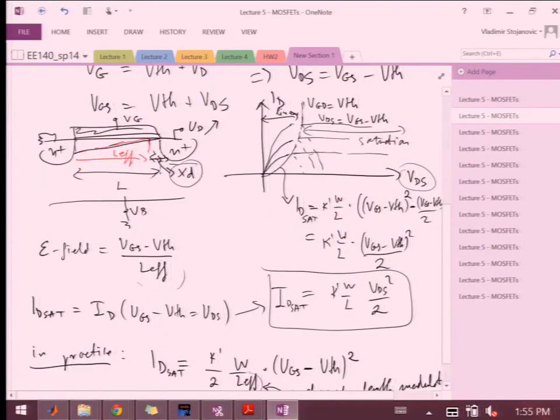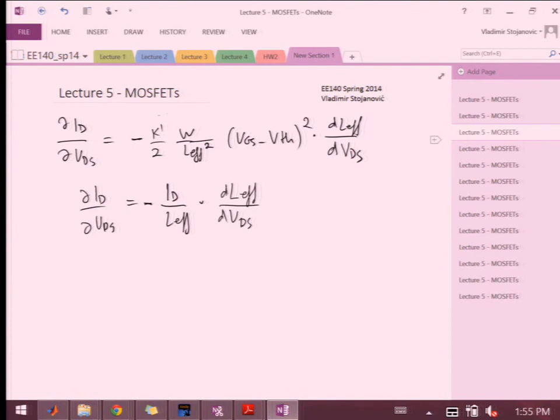Okay, so the bottom line is that this XD really is equal to L minus L effective. And when we use that fact here, I can write this as ID over L effective times this delta L effective, which will really be minus delta XD.